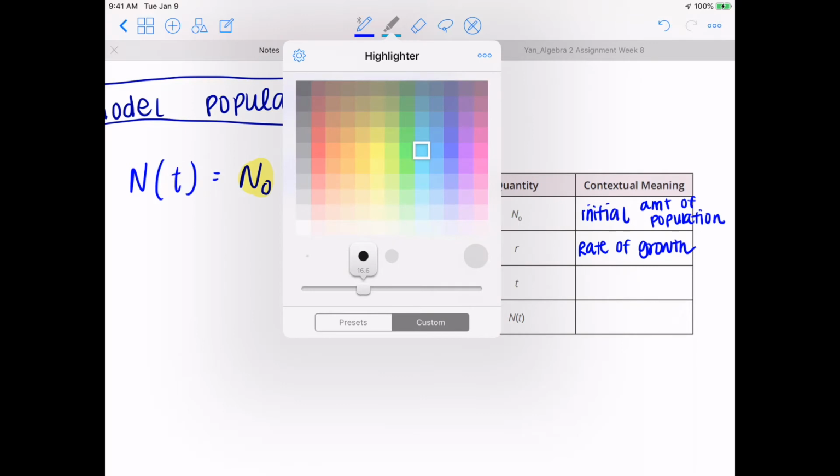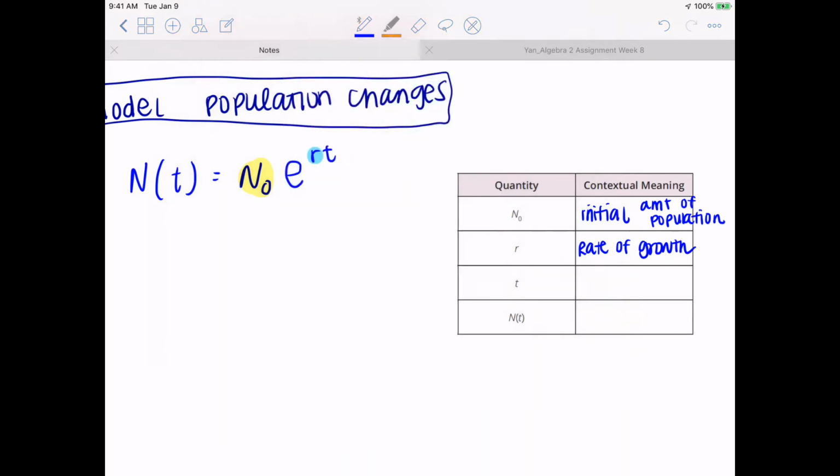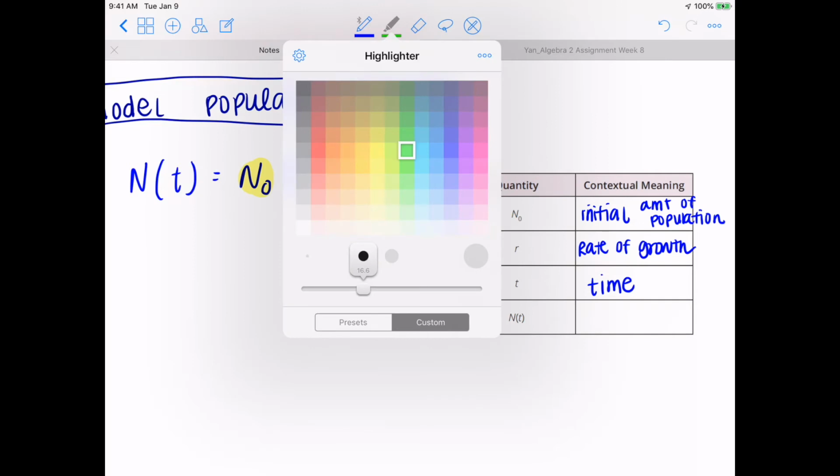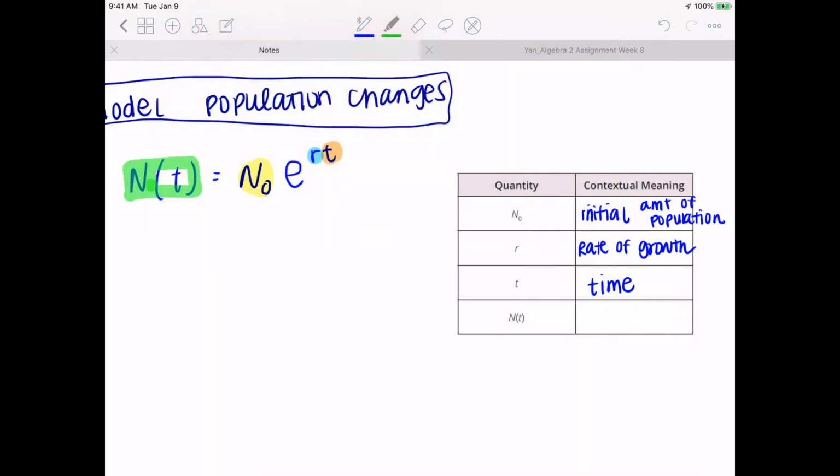Next one we have t. t is time. Remember we already talked about e. e is a number, so we technically do not need to define it. And the last one is N of t.